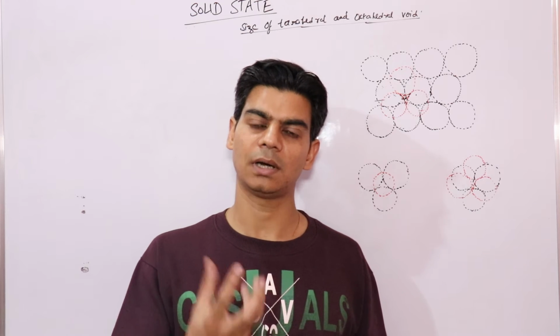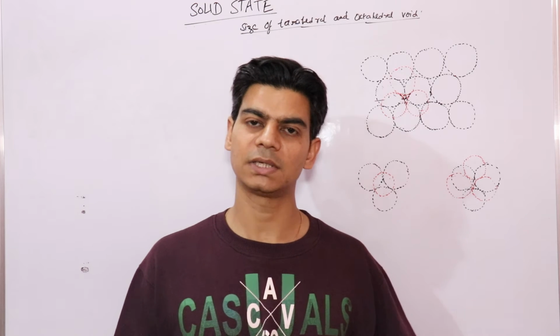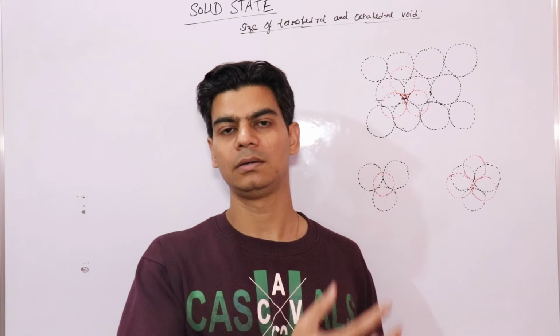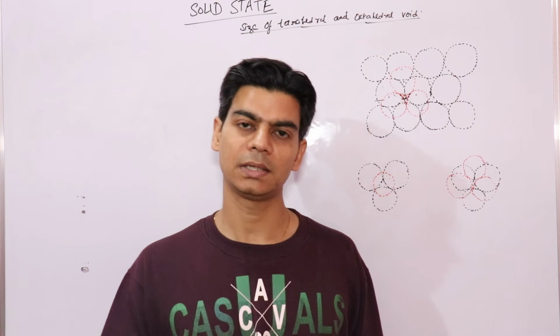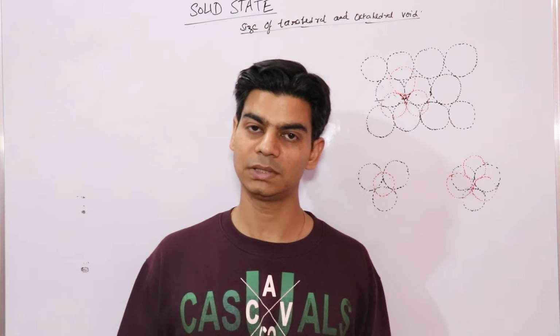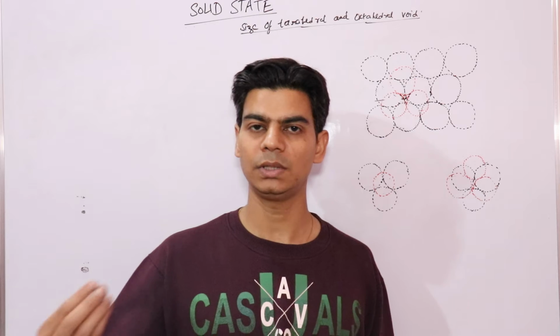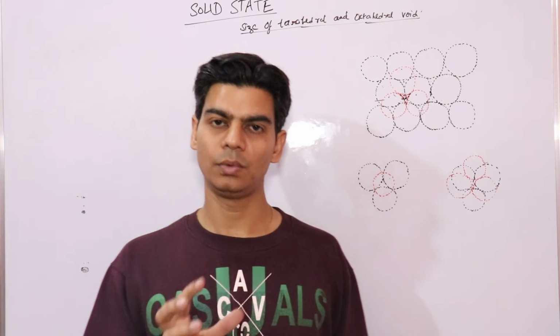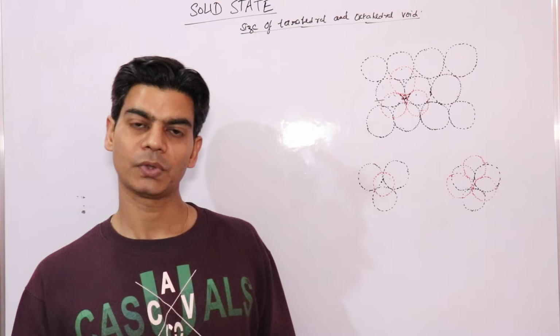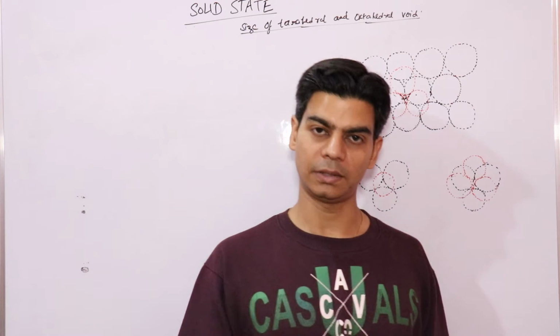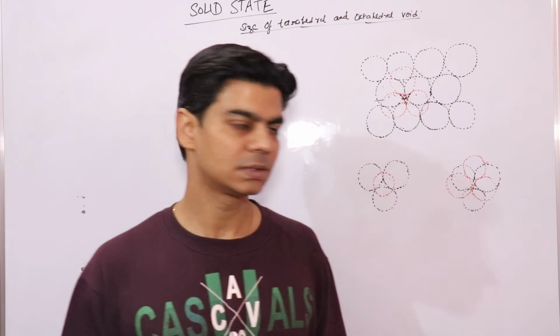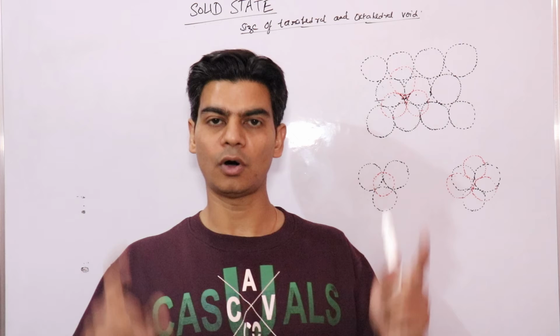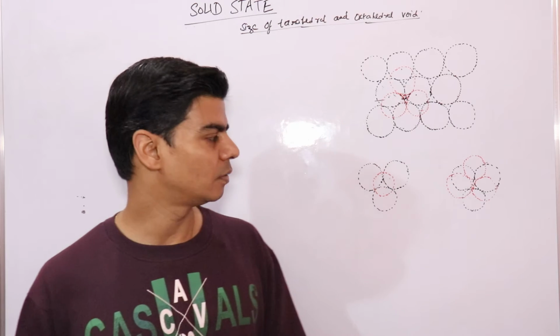If we represent a particle like we did in the previous lecture on close packing of particles in 3 dimensions, where we represented particles with spheres, then if a void is surrounded by 4 spheres, we call it a tetrahedral void, because these 4 particles will form a tetrahedron. We'll see it in a while.